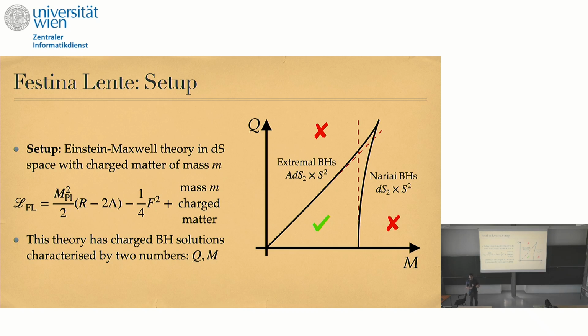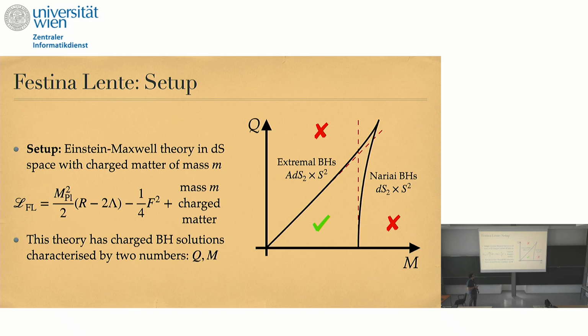Something similar will end up holding in de Sitter, especially if you think about the limit where the mass is very small, so the black hole barely knows that it's in de Sitter. But like I mentioned previously, in de Sitter there's also a qualitatively different thing because de Sitter has a horizon, and so there's a cutoff on the mass. The mass of black holes in de Sitter cannot be arbitrarily large.